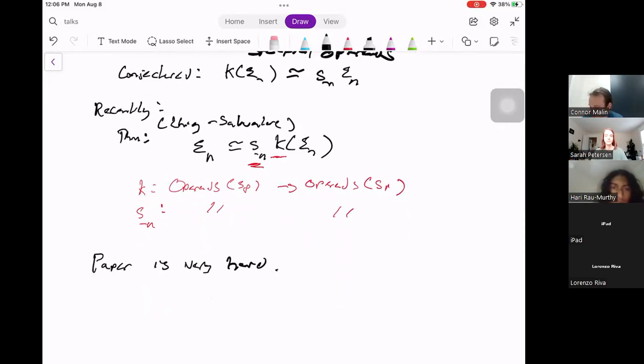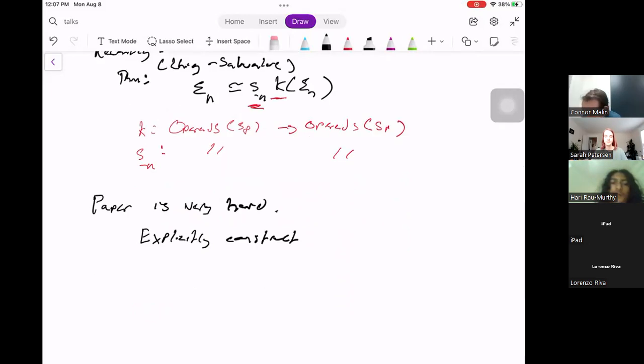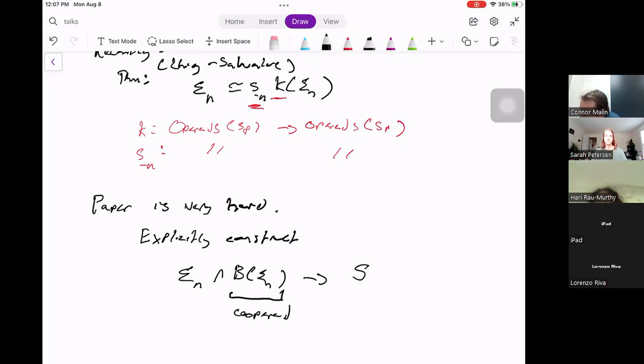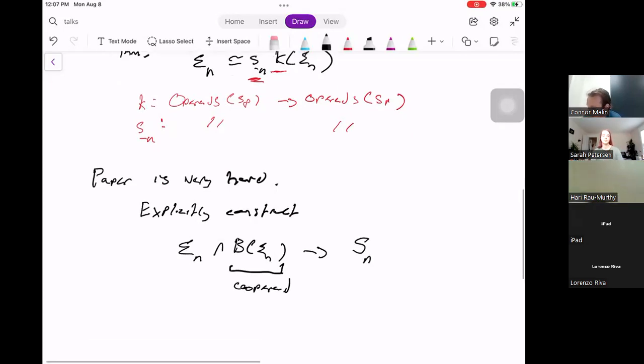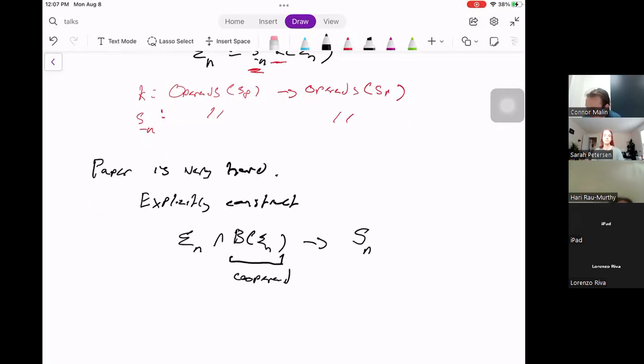There's a lot of technical stuff in it, but one surprisingly technical aspect is that they explicitly construct, up to replacing by some equivalent objects, a duality pairing from the E_n operad with the bar construction on it, which is a cooperad. I'll get into that as well. And this should take values in a sphere operad. They construct this, and this is the difficult part.